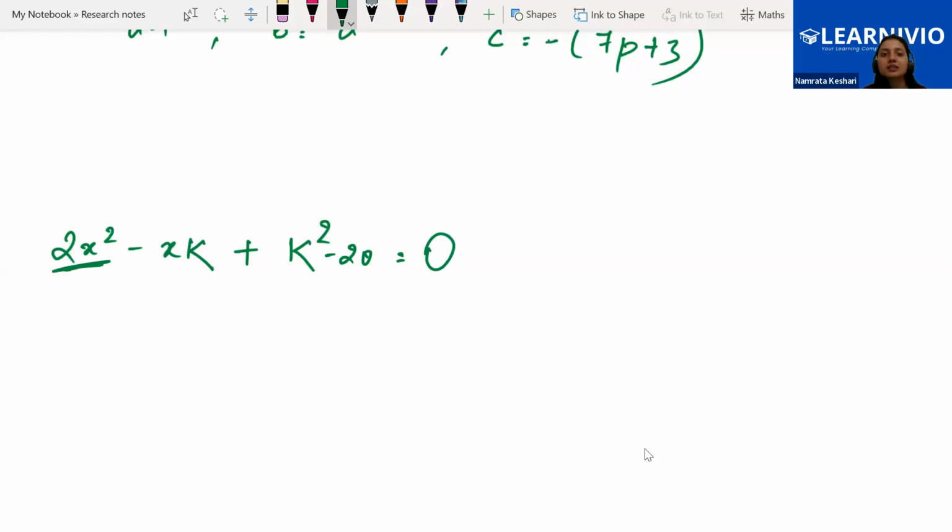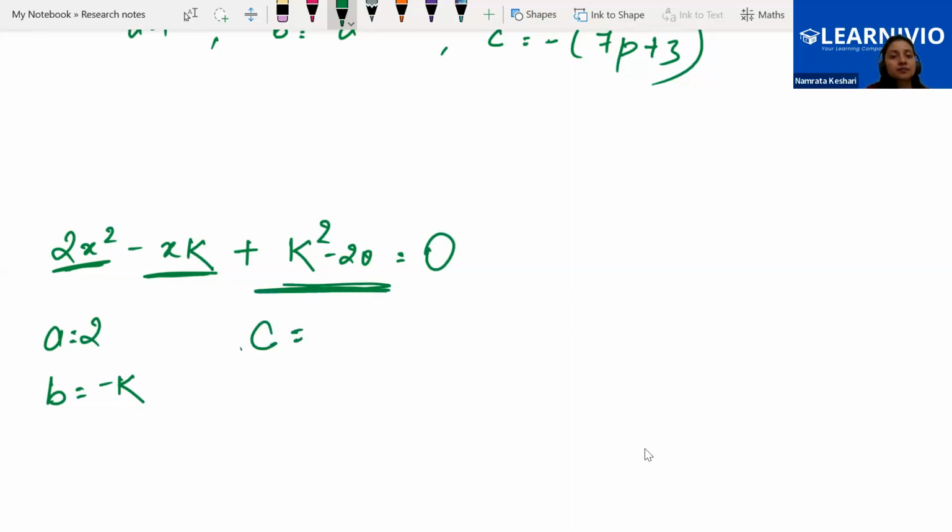Whatever is multiplied with x square is A. Whatever is multiplied with x, be it sitting in front of x or after x, that is B. That means the coefficient of x, minus k, is B. Here k is just a number; X is the variable, and the remaining p, k, t, u are treated like constant numbers.